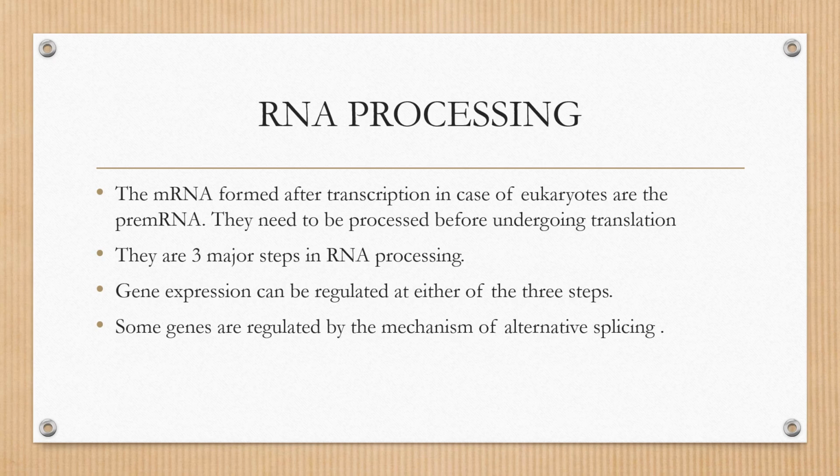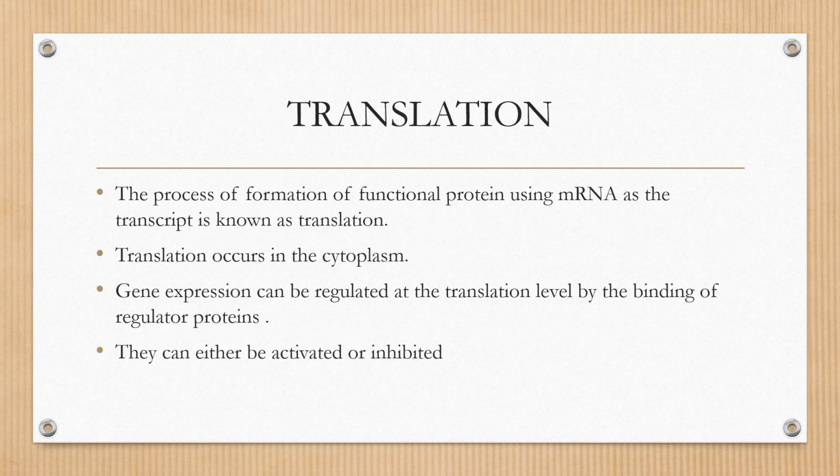Alternative splicing is when the gene does not undergo the regular splicing. Instead, in some cases, instead of the introns being removed, you can have the exons being removed, or in some cases certain introns will be left in the gene. So the gene can be regulated at either tailing, capping or splicing, or it can be regulated by the mechanism of alternative splicing.